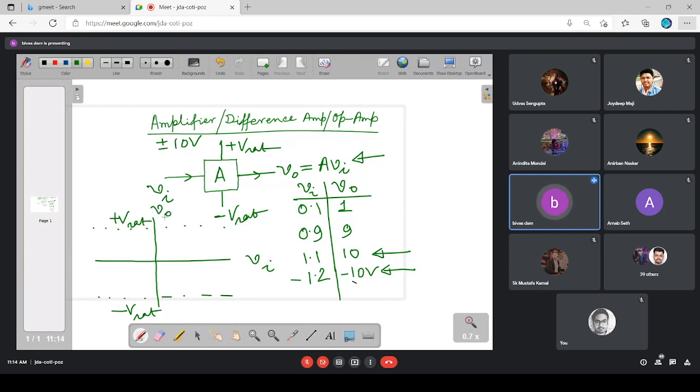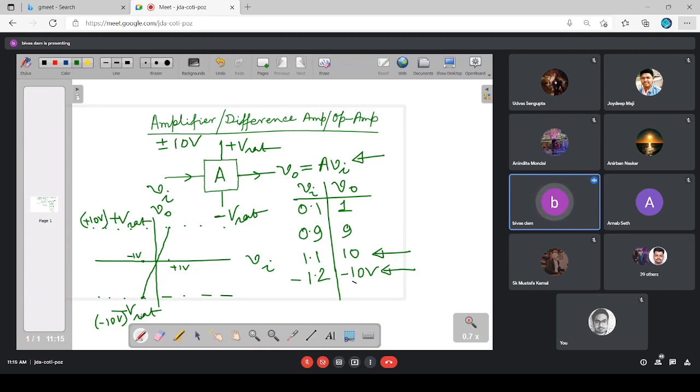Now, if your value of A is 10, and this plus Vsat level is plus 10 volt, and this is minus 10 volt. So when the input is plus 1 volt, the output is supposed to reach the plus 10 volt Vsat level, and when the input is minus 1 volt, the output should reach the minus 10 volt.